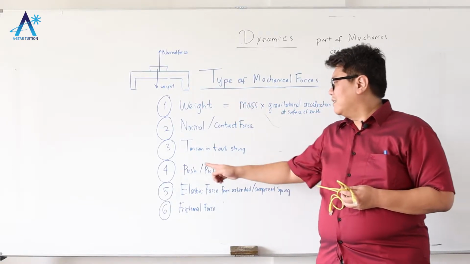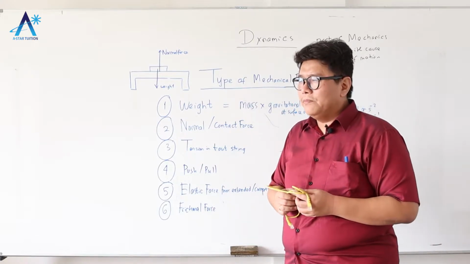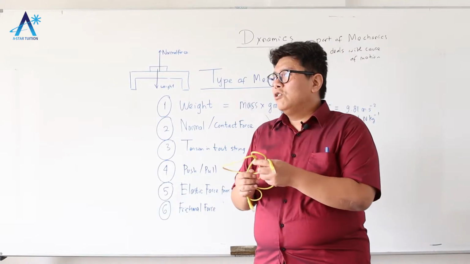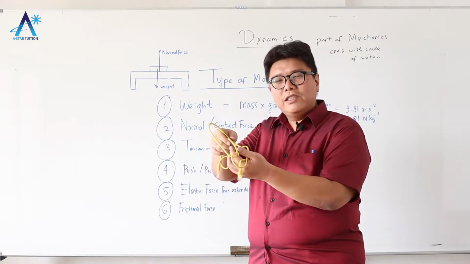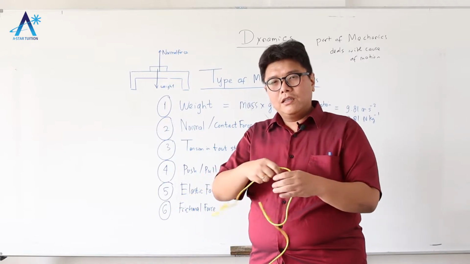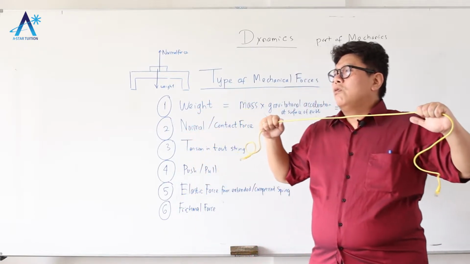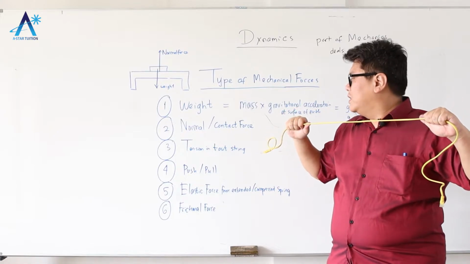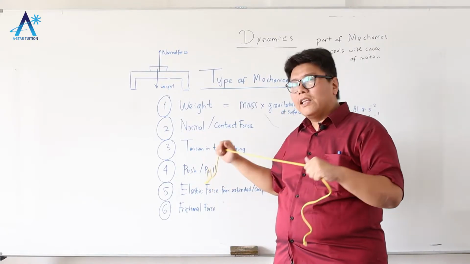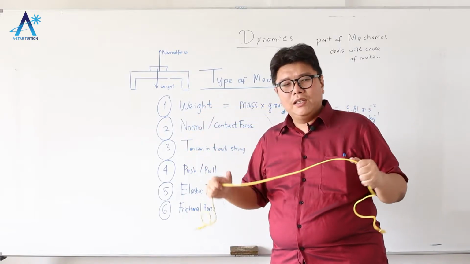Next is tension in a taut string. When you have a string, it could be in a slack condition like this, or it could be in taut condition like this. Now when a string is in taut condition, there is a tension acting at each part of the string.